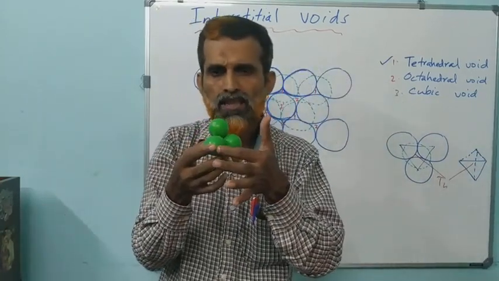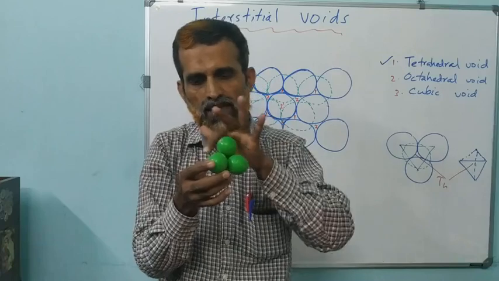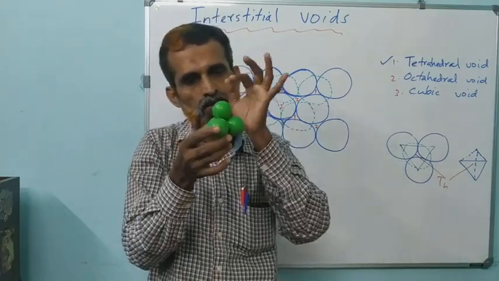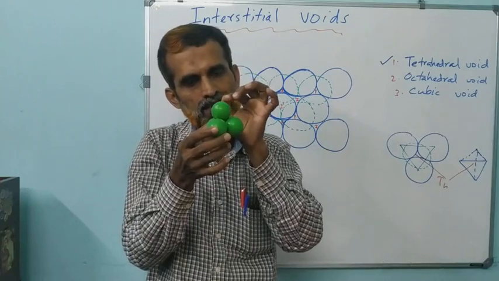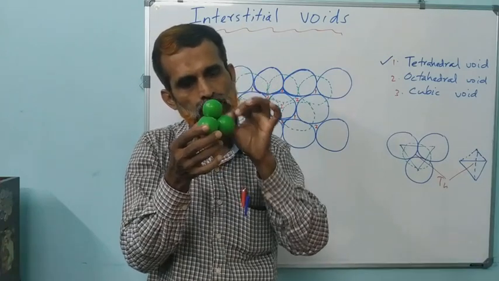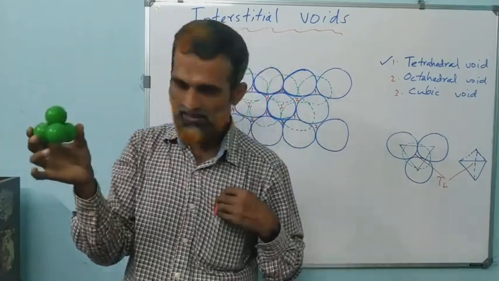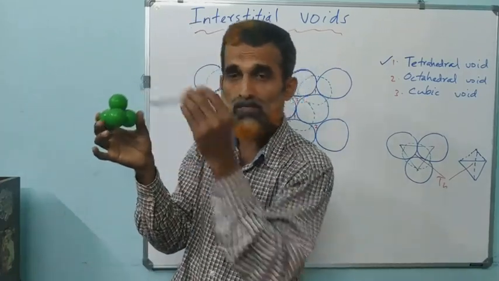If I join the centers of these three spheres, you get a triangle, and there is one sphere above it, and if I join the center of this sphere to all these corners, you get a tetrahedron. And this empty space is at the center of this tetrahedron.